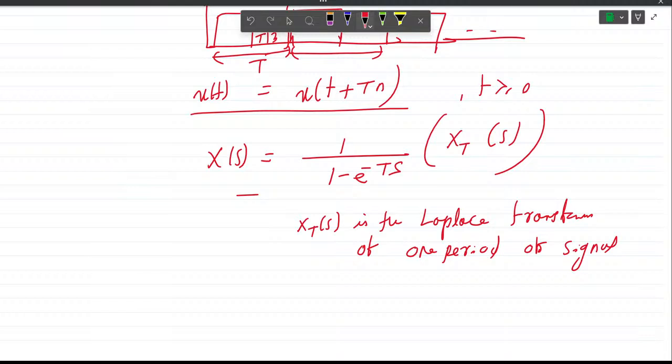Some other parts are also there, like Laplace transform of derivatives, Laplace transform of integration, initial and final value theorem, then waveform synthesis, and we'll discuss them in the next class. This is a very important topic as far as GATE, engineering services and all competitive exams are concerned, yet people actually neglect this transient analysis part.